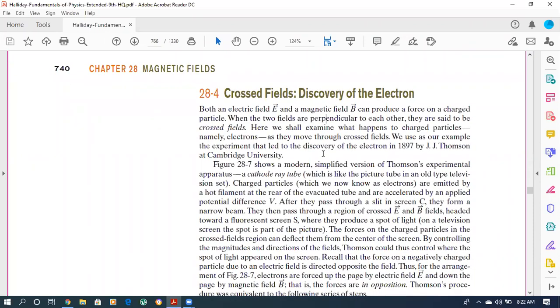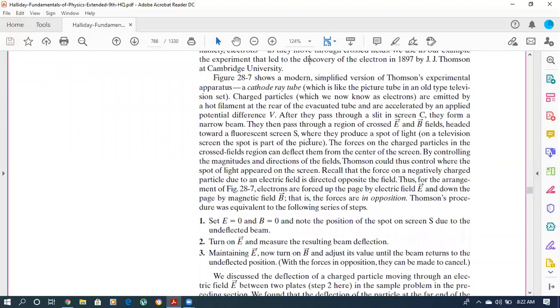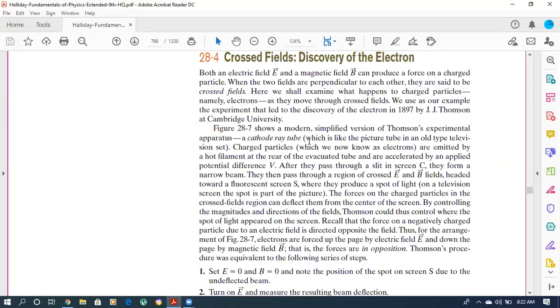This was basically the discovery of J.J. Thomson, and this experiment was performed in many ways. One method is the cathode ray tube method, or discharge tube method, in which the electron was discovered.